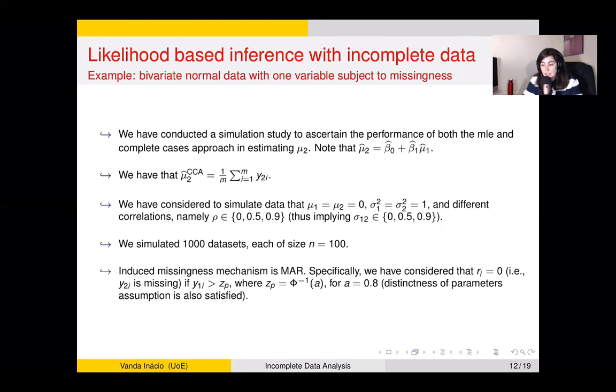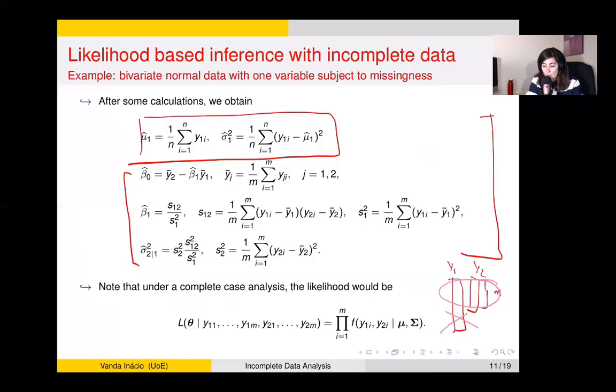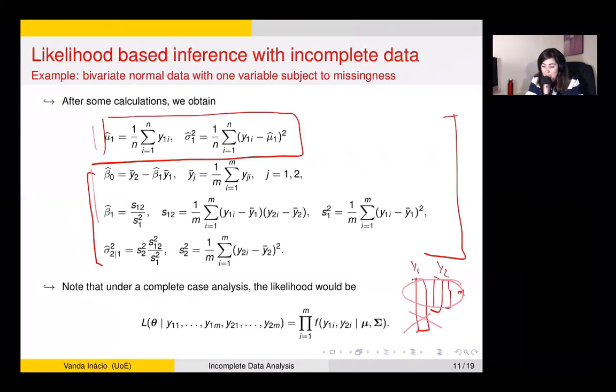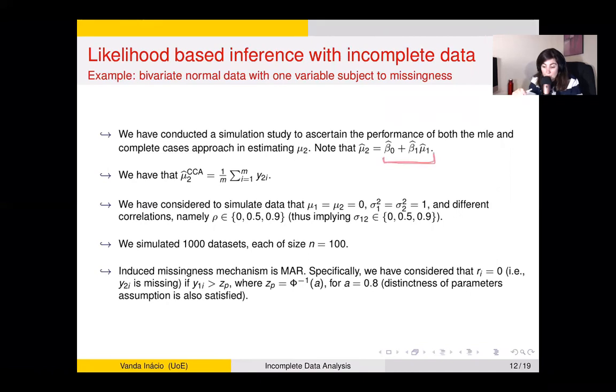Then I know that after rewriting the joint as the product of the conditional and the marginal, and after I do the tricks that I've mentioned before, I can obtain mu2, which is among the parameters in theta, my original set of parameters, by obtaining estimates of beta 0, beta 1, and mu 1, and these are defined here. So I can easily estimate mu2. And I will compare the results for mu2 with those from a complete case analysis, so it just takes the first m observations of y2 into account.